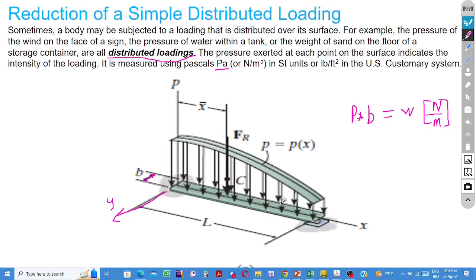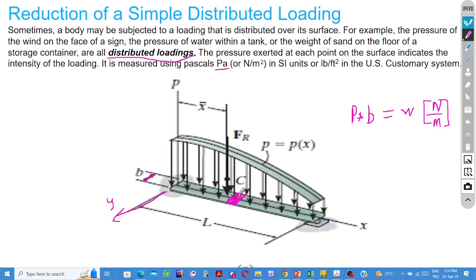If it is the case, how can we find the resultant of the distributed load? Over the contact surface, take a smaller part.